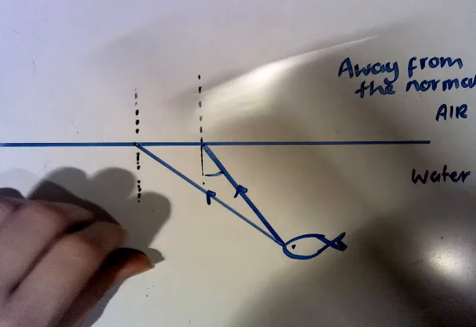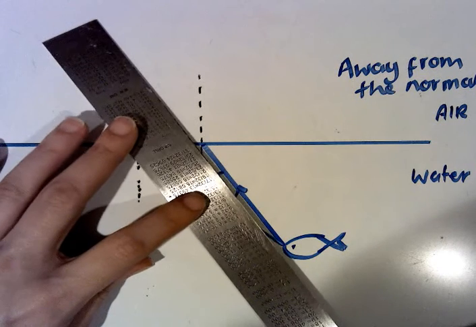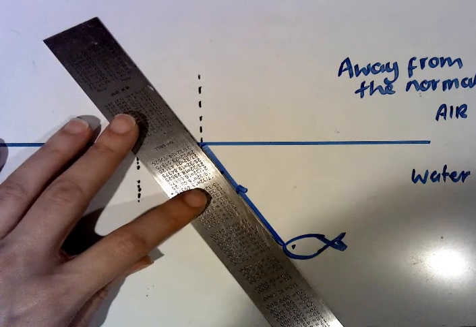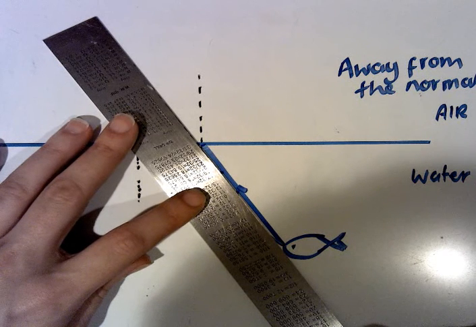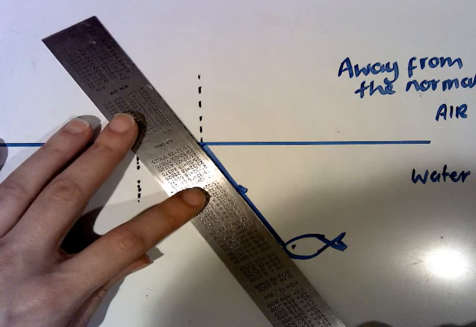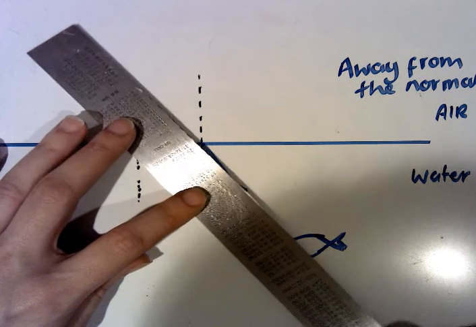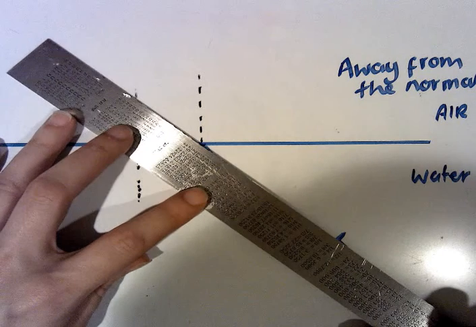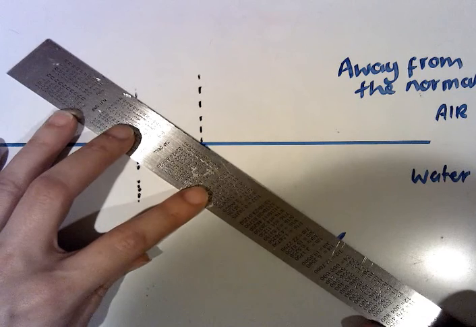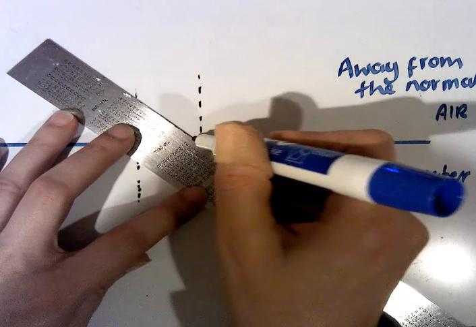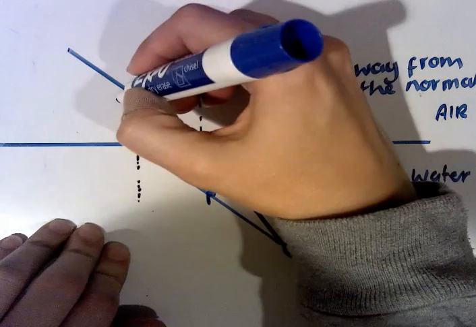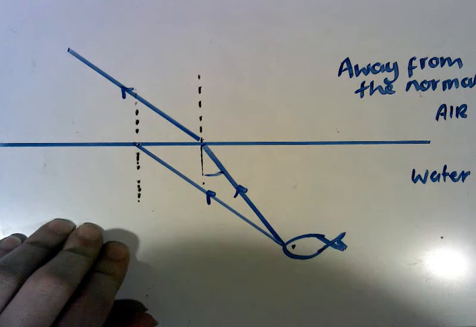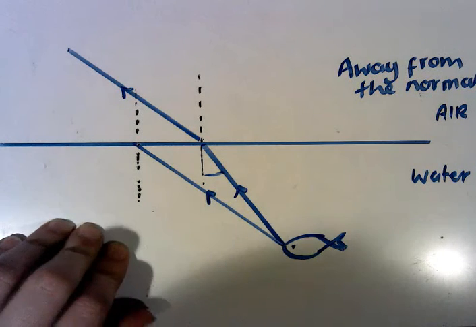So if this boundary wasn't here, our light ray would just keep moving along this line here, but because we've got a boundary going into a new less optically dense medium, we're going to move further away from that normal line. So that ray is going to continue in this direction, and our other ray will do exactly the same.